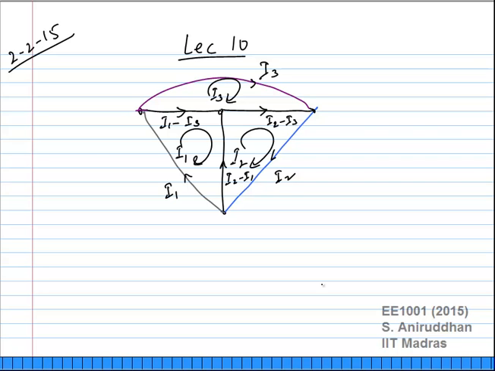It would, if you choose a consistent direction for all the loop currents, and in this course we are going to choose the clockwise direction for all currents. If you choose a clockwise direction, you will find that the current through any element which borders two meshes is always going to be the difference between the two mesh currents. It will either be IA minus IB or IB minus IA, depending on which direction you have chosen.